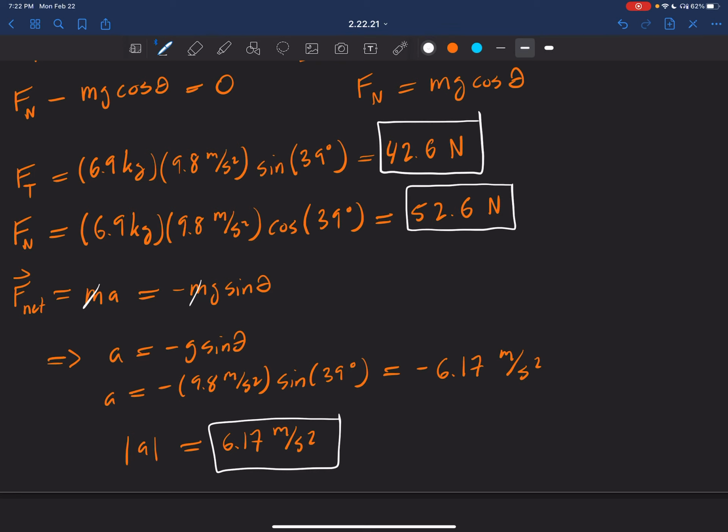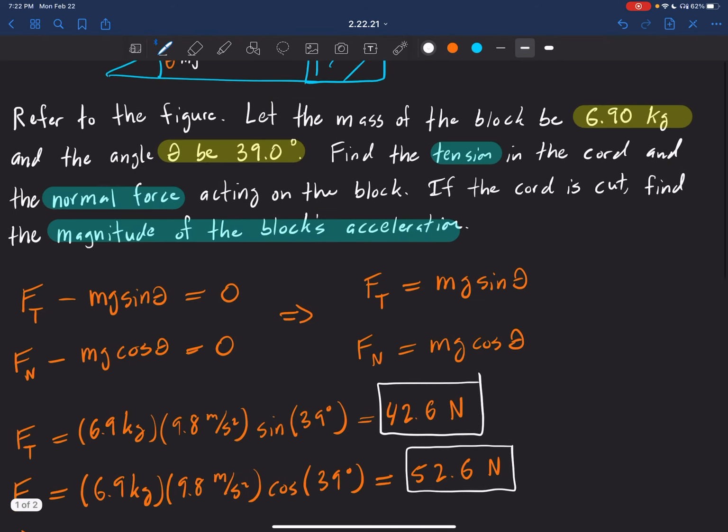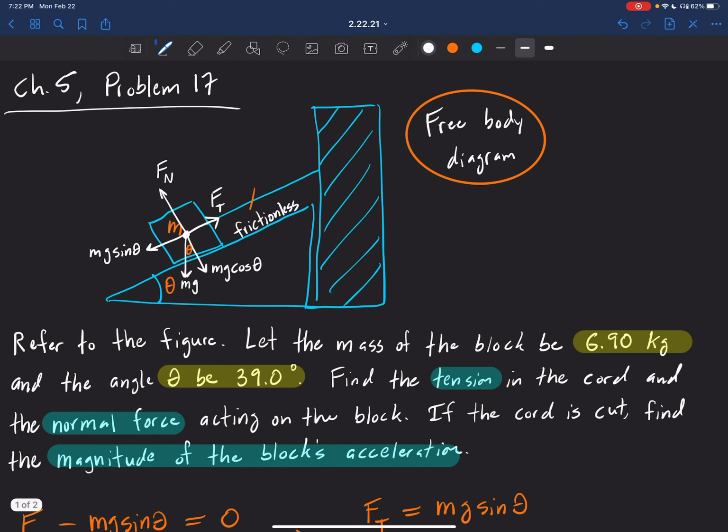And that's how you find the third part of the question. So I'll move back up to the problem statement so you can get one last look at what we all did. And that's how you do that. So hopefully that's helpful.